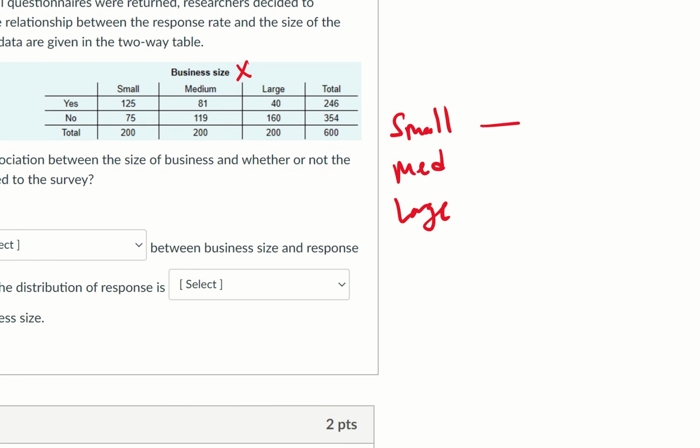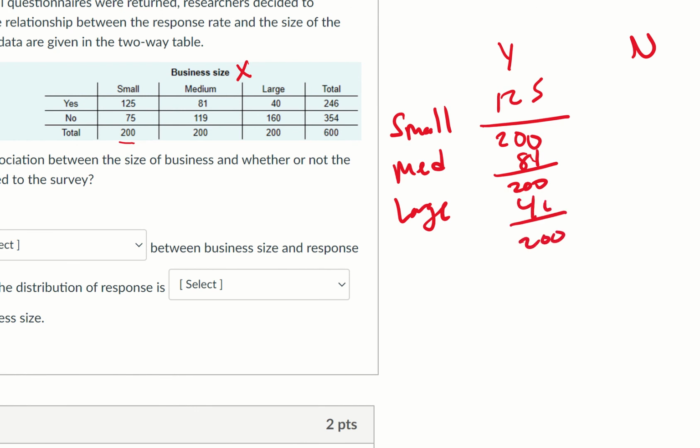So we know that there are a total of 200 small businesses, and we're going to do it for yes and no. So 200 small businesses, and out of those 200 small businesses, 125 said yes. Same thing for medium. There's 200 on the bottom, but 81 said yes, and 40 said yes for large.